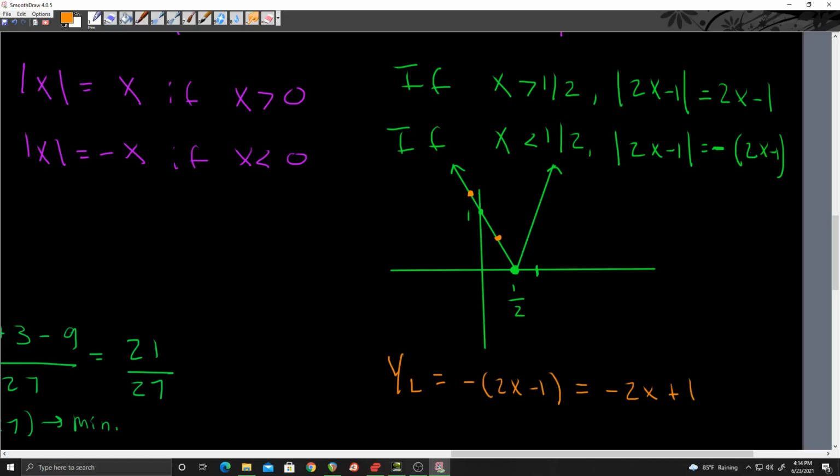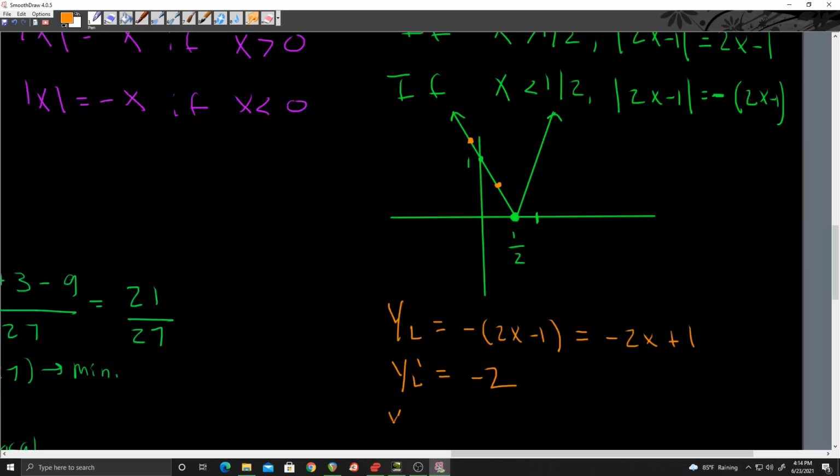Now, let's calculate the derivative. This is going to be negative 2. On the other hand, let's look at the right-hand side. The right-hand side is 2x minus 1. If we take its derivative, that's just going to be positive 2.